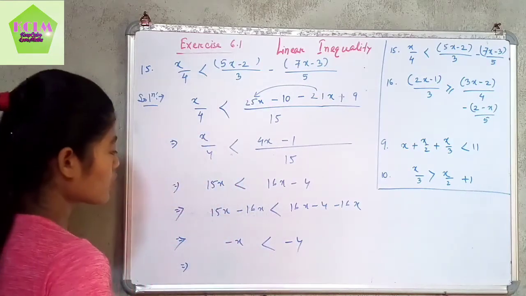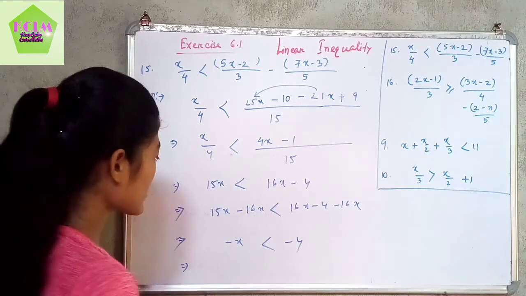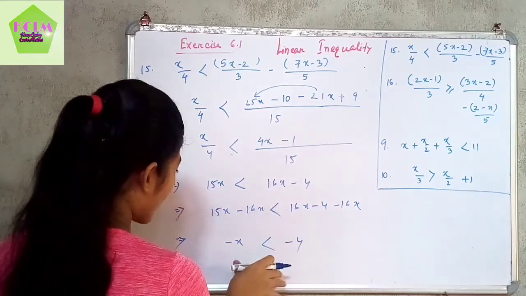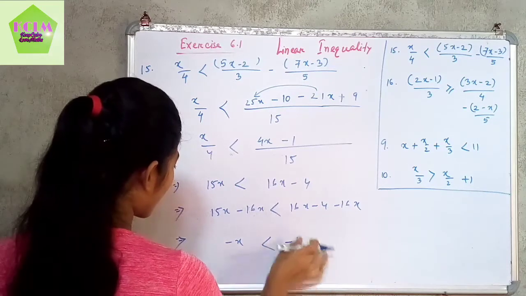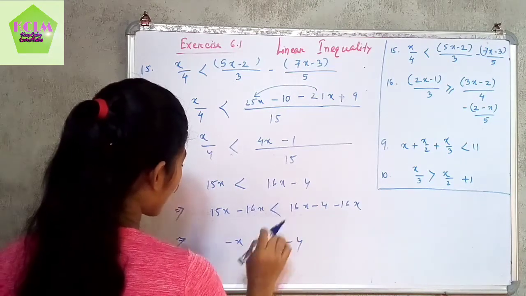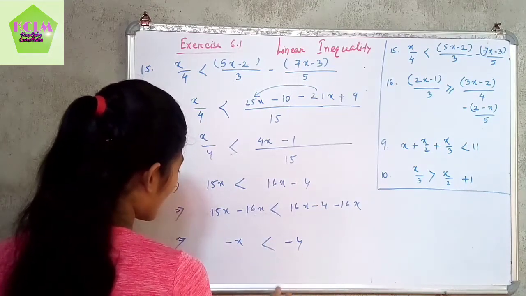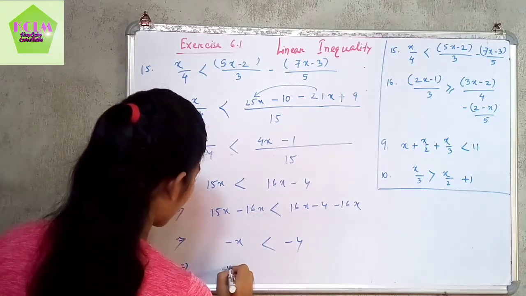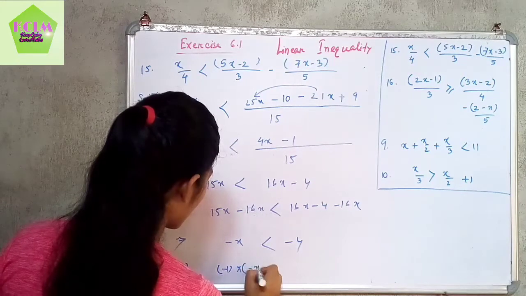Now there is a rule in linear inequality that if we multiply or divide by negative numbers, then the sign of the given inequality gets reversed. So to make this x positive, we need to multiply by minus 1 on both sides.